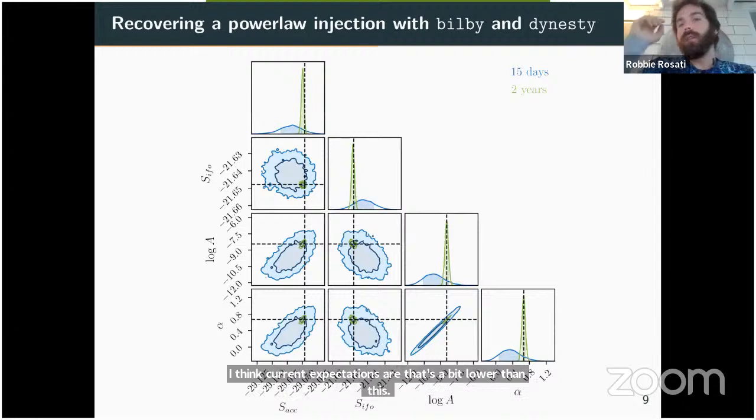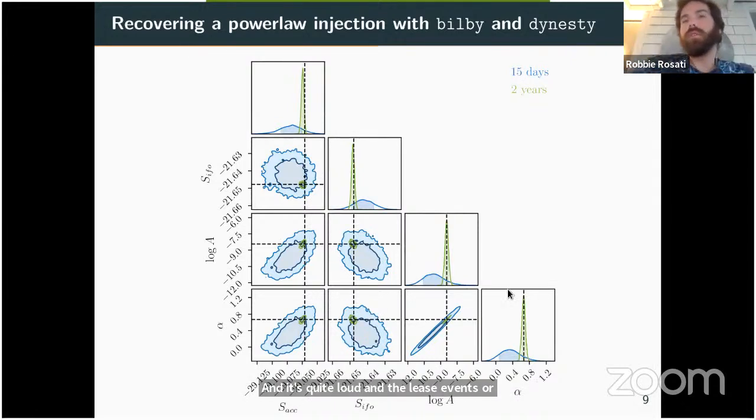And it's quite loud in the LISA band. We're able to recover it in only a few days of data, assuming there are no other sources, right? But the error bar is quite large unless you use a few years, and then you can recover it a little bit more accurately. The sampling here was all done with Dynesty through Bilby, and the likelihood and all the templates are written in C.